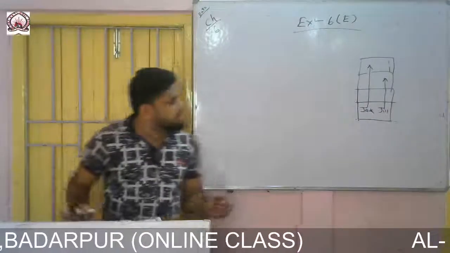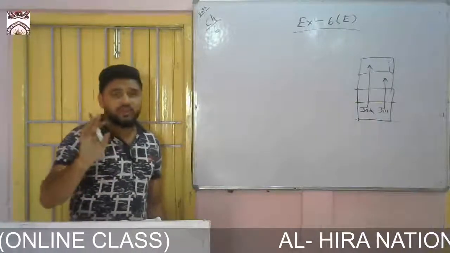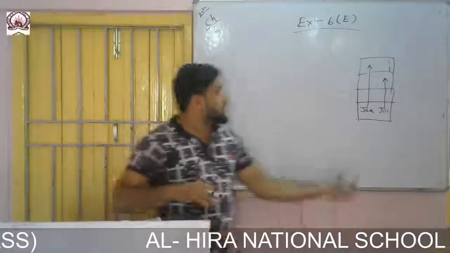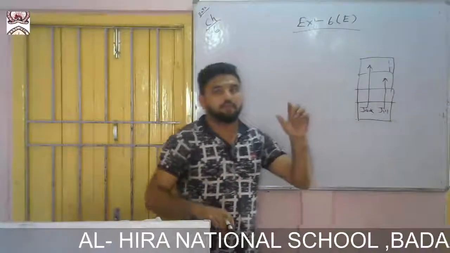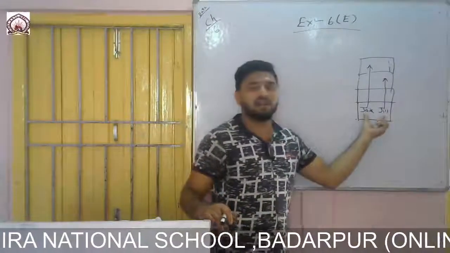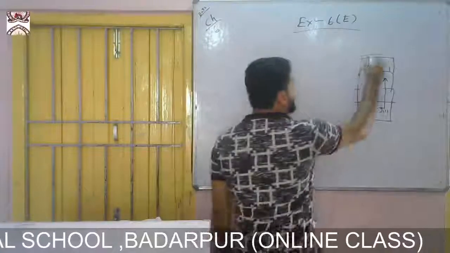Now in the question it is asked, at what number of tiles will both Jack and Jill stand on the same tile? Like this they will go on continuing.